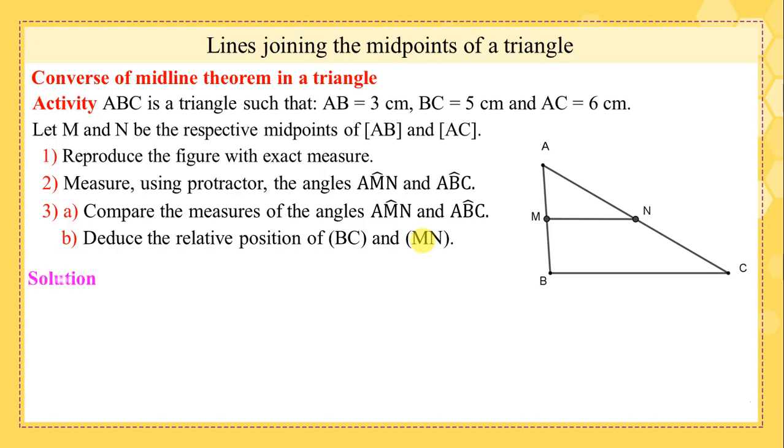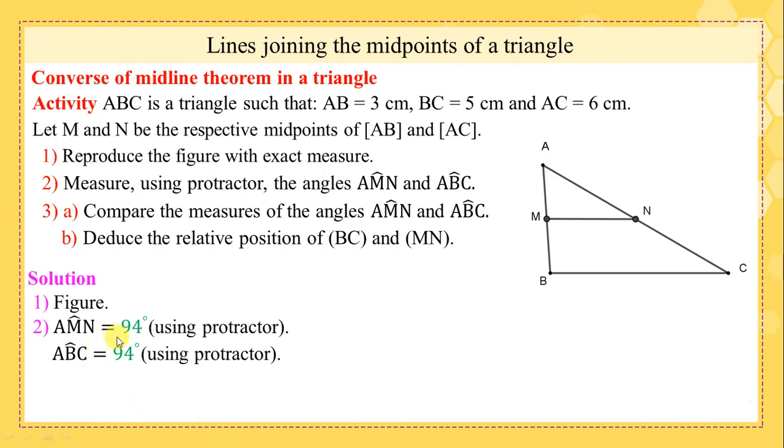Solution. First, we have M and N are the respective midpoints of AB and AC. 1. We have to reproduce the figure. The figure must be like the figure here to the right. 2. We get AMN equal 94 degrees using a protractor.